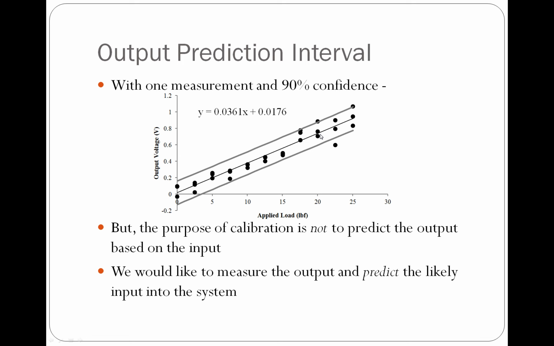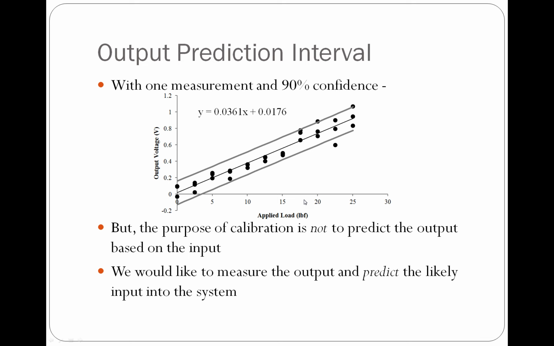But the purpose of this calibration is not to predict the output based on the input. In other words, if we apply 20 pounds load to the load cell, we know that we're applying 20 pounds load, and we don't really want to predict what the output voltage is. It's more likely that what we would like to do is measure the output voltage and predict what the applied load into the system was.